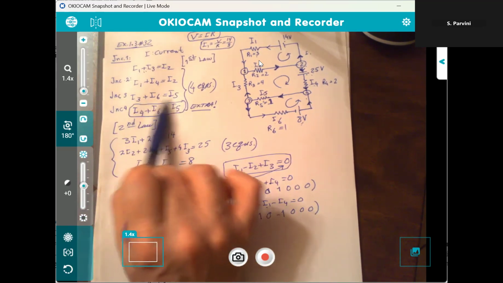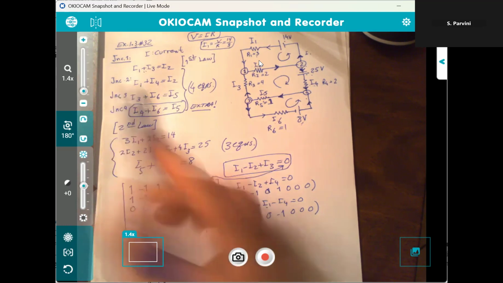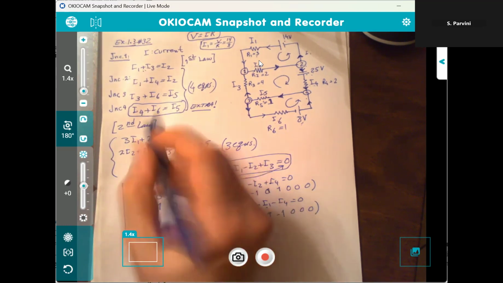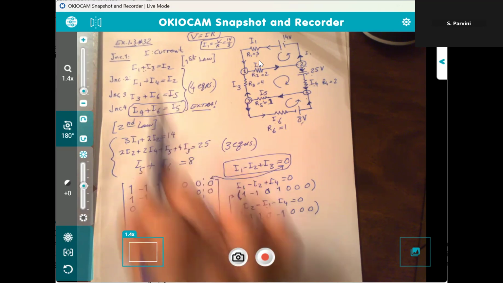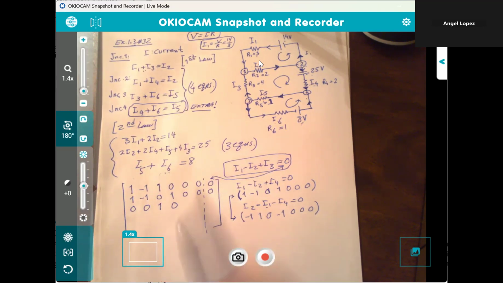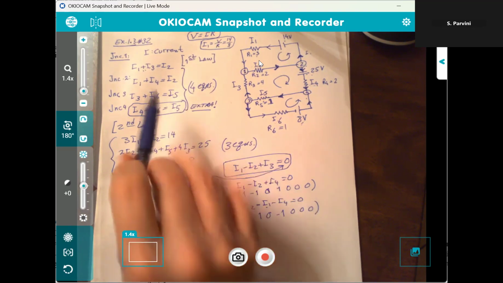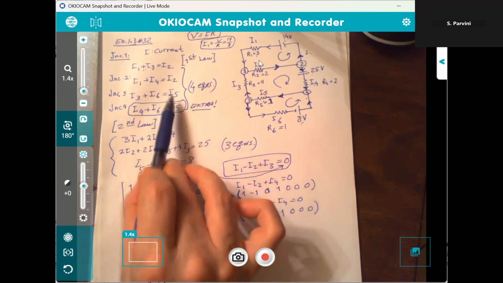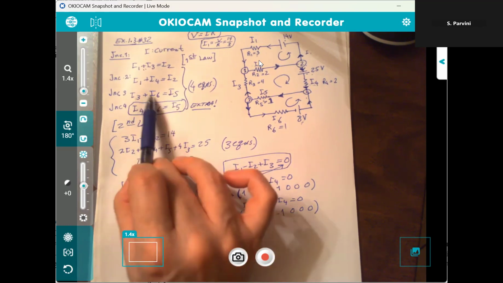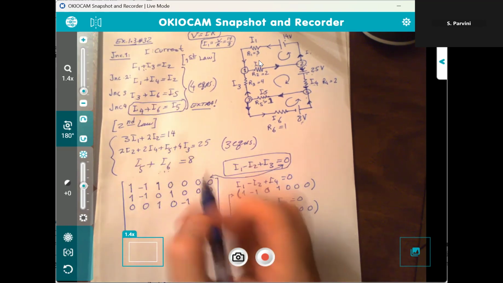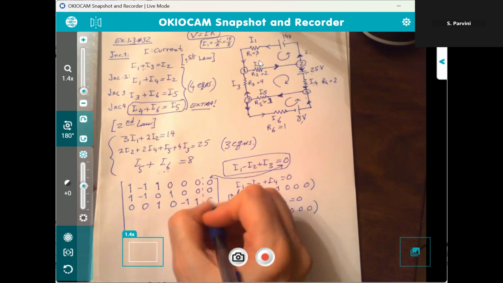Now, I3, 1. What about I5? -1. Very good, -1. Because see, I5 is on the wrong side. You need to move it over, bring it to the left. It becomes negative I5. And I6 is there. That's going to be 1, and that's going to be 0.